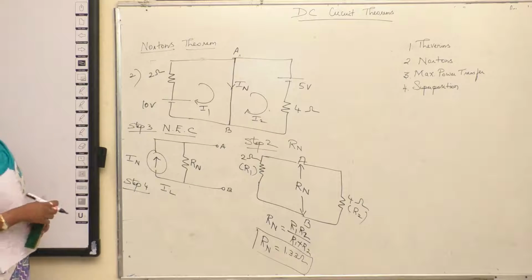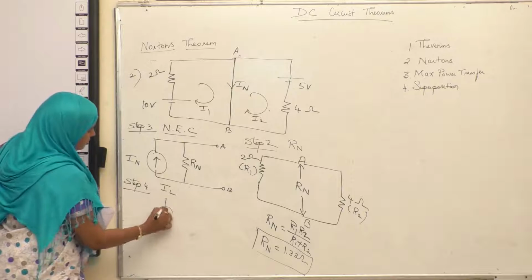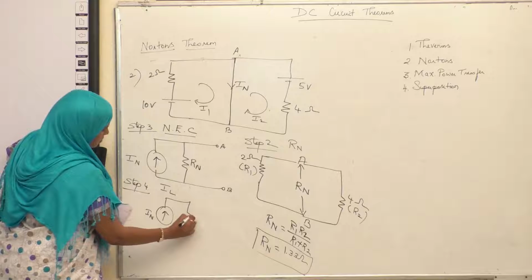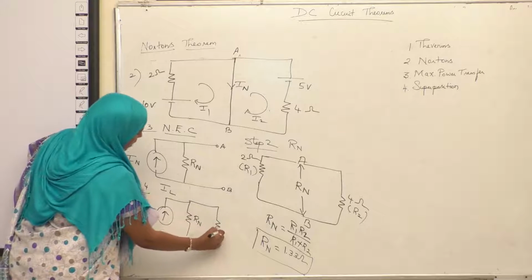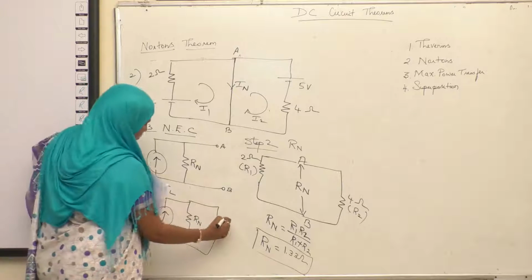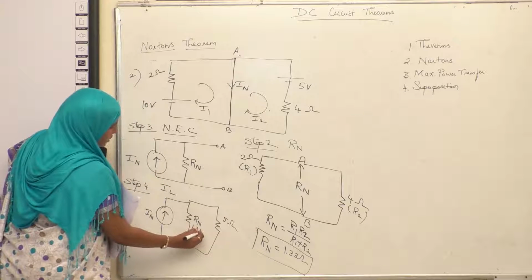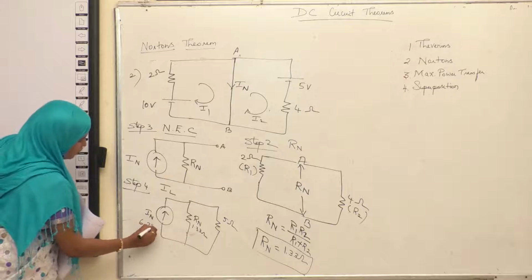To find IL, you have to add the load RL. So RL value is 5 ohm, RN value is 1.33 ohm, and IN value is 6.25 ampere.